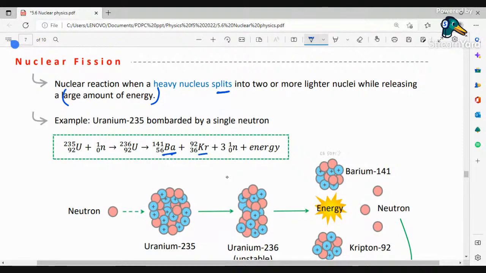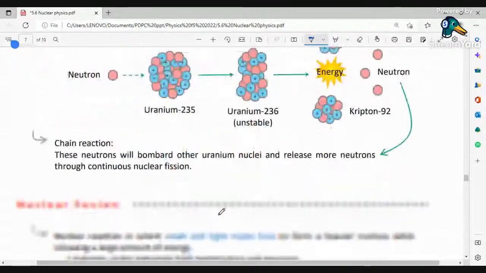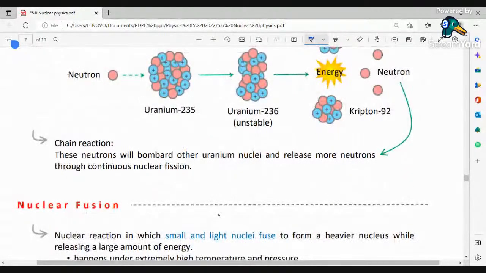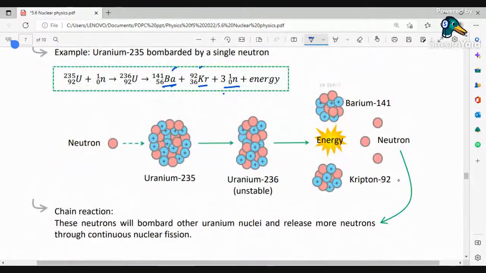Okay, so at the same time release 3 neutron and large amount of energy. So ini ialah fission. Fission maksudnya dia pecah kepada 2 nukleus yang lebih ringan. Okay, sampai sini tengok uranium-235 bombarded by 1 neutron, so become unstable. So dia akan split kepada 2 lighter nuclei, at the same time release 3 neutron and energy.